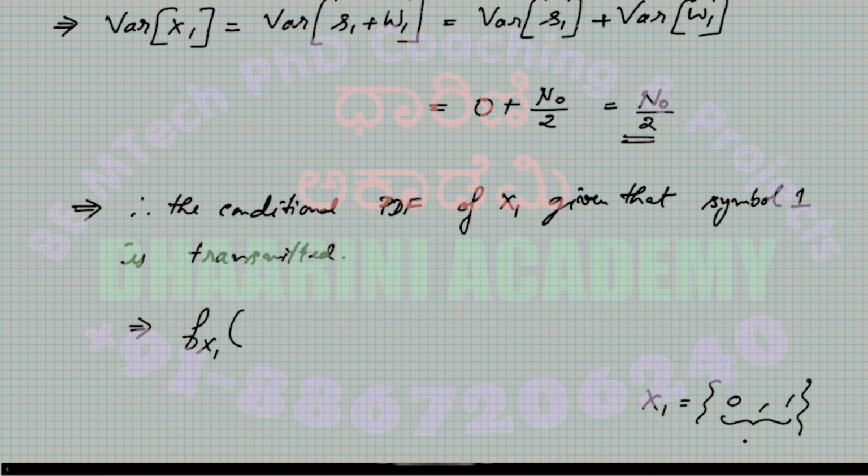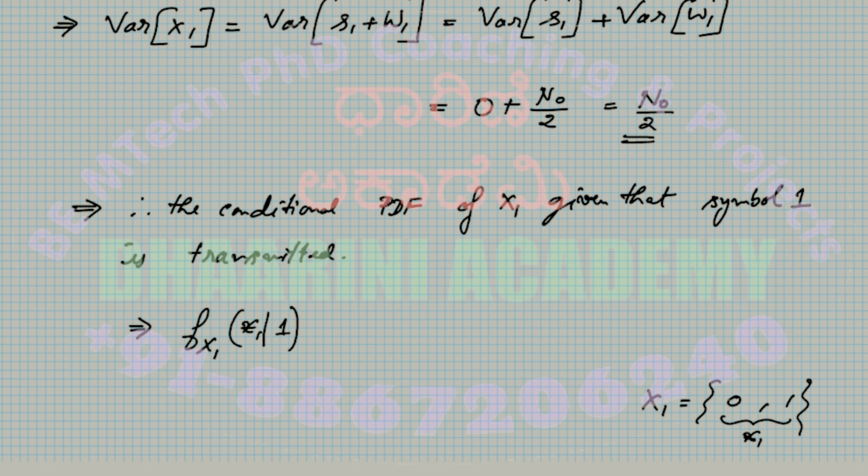How do you denote this? This is small x1. So the PDF of capital X1 of small x1 means I am receiving any of the small x1 given that 1 was sent. See the meaning of the notation.